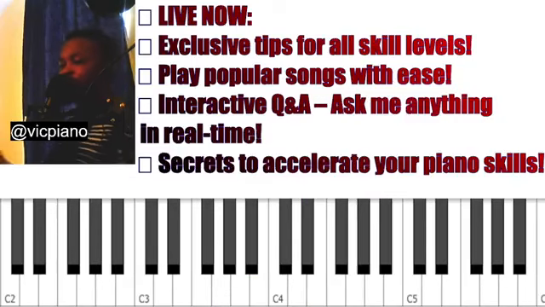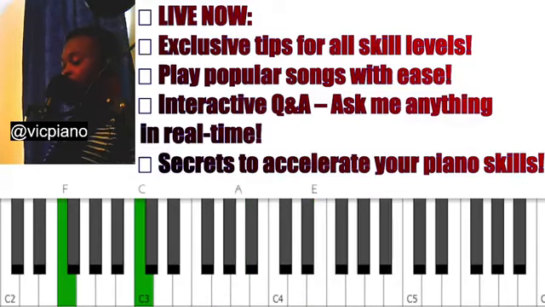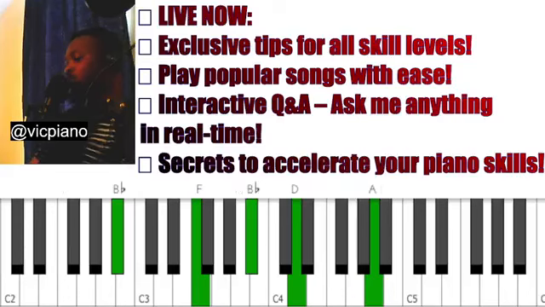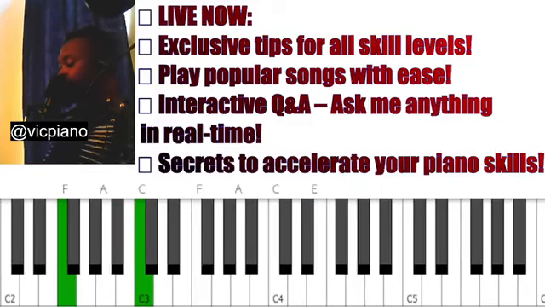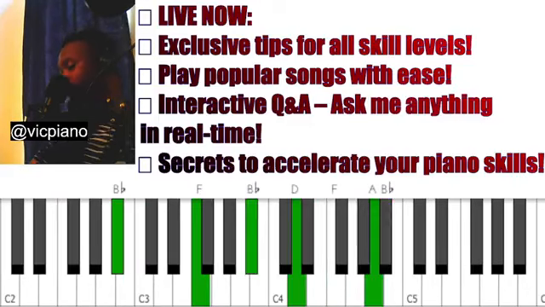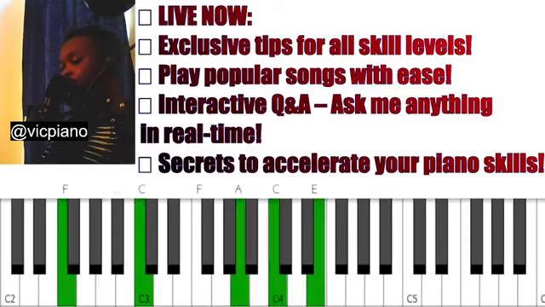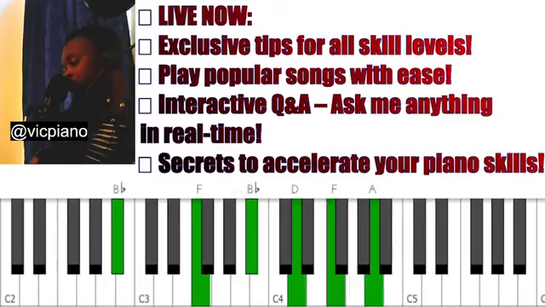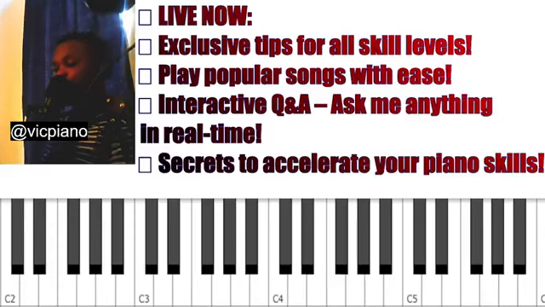So I use passing notes there. I can do something like this. I can do it again. I can do this one. What am I doing? Passing notes. So where you have passing chords, like I said, there are also what are called passing notes. So another way to make your playing interesting is by using passing notes.